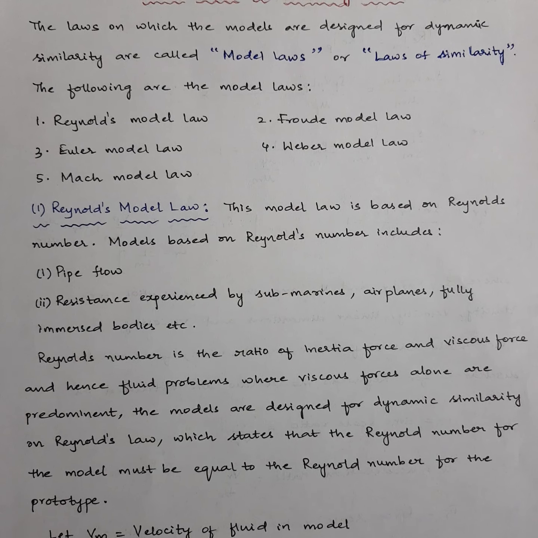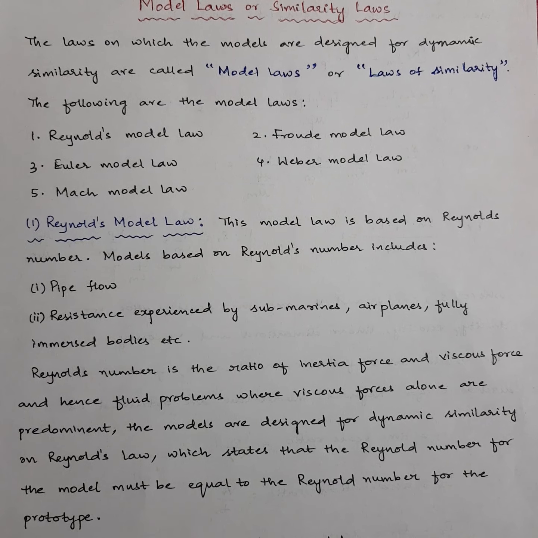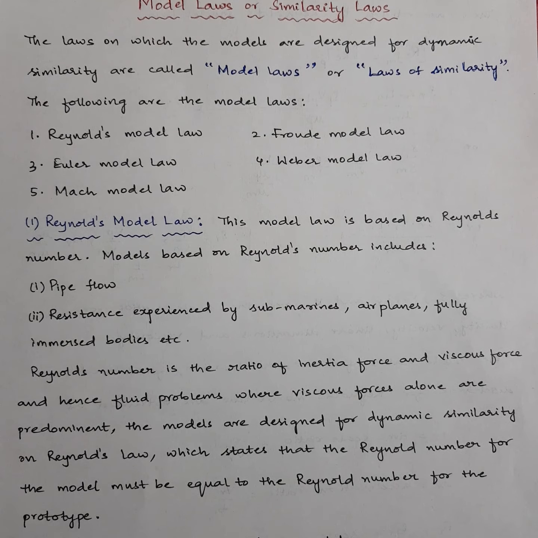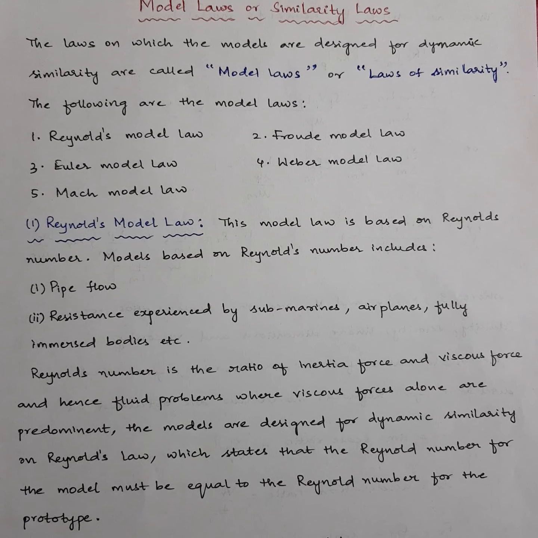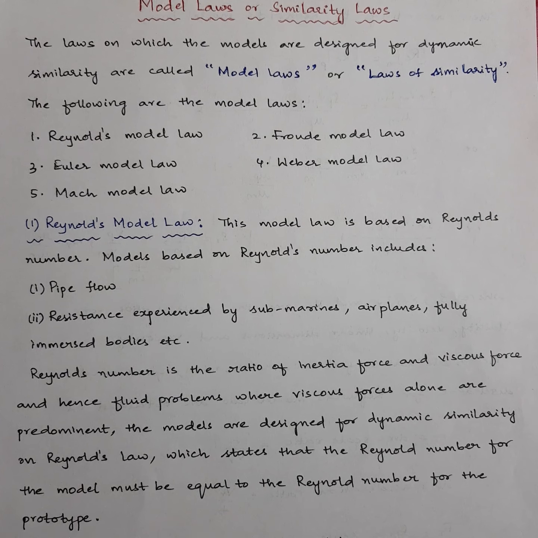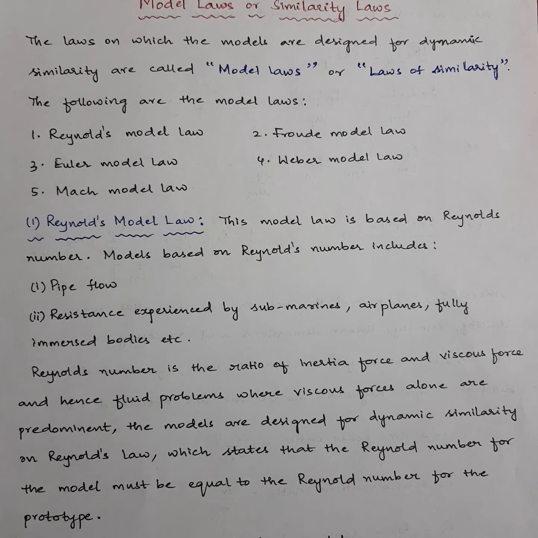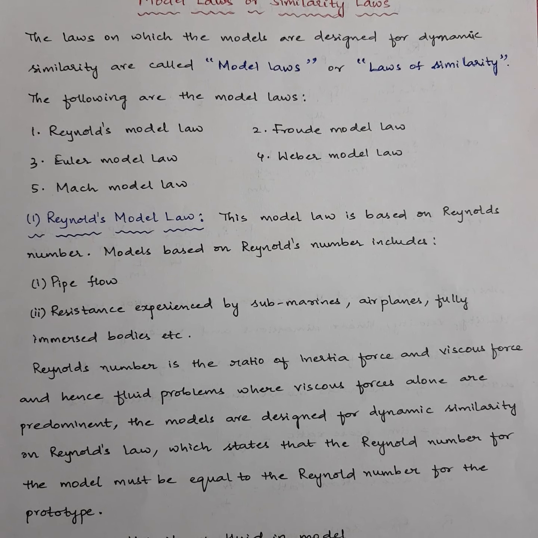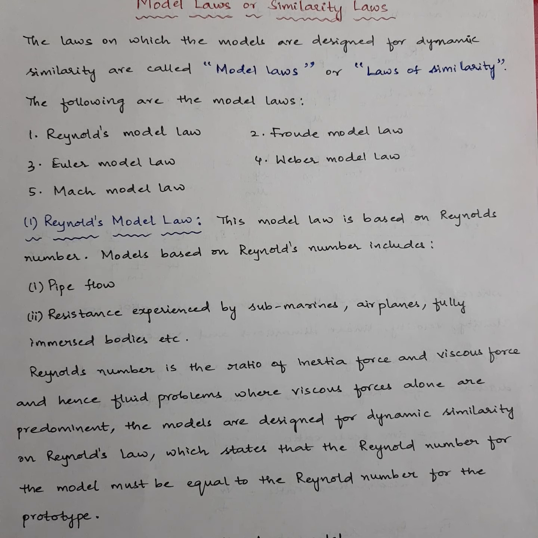Why? Because there we have to consider viscosity between the object and the fluid. So whenever viscosity or viscous force has to be considered, we have to follow Reynolds number, and hence Reynolds Model Law.